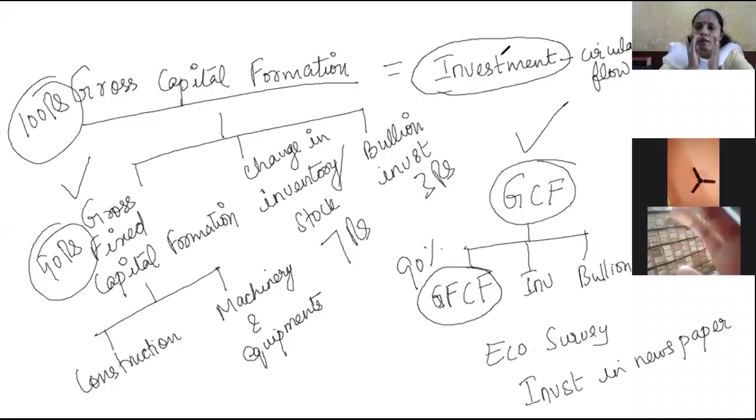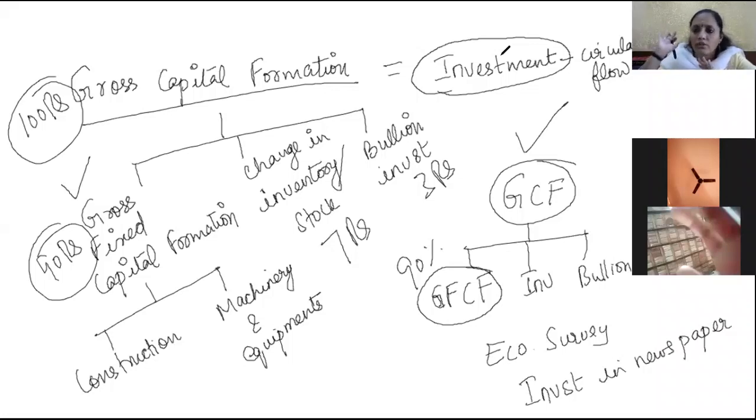All of these things are kept in stock for us to run the classes for the next few months. If we are increasing the stock, say for example, last year I had 5 pen drives with me, but this year I am keeping around 10 pen drives in my store. There is a change in the inventory from 5 pen drives to 10 pen drives. That change in the inventory will be taken as an additional capital formation in a particular year.